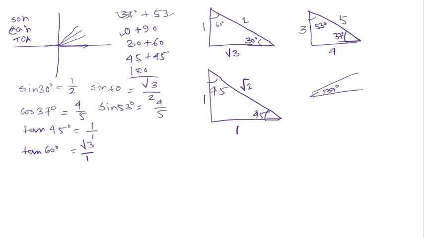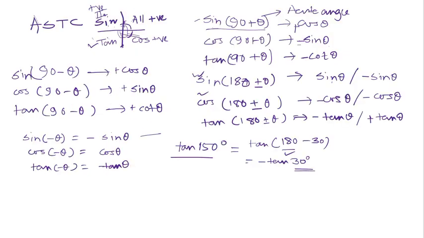Next, with the example I have given here, tan minus 30, what is tan 30 degree? Just draw the 30, 60 triangle. This is 30, this is 60, so the side opposite 30 is 1, opposite 60 is root 3, and the hypotenuse is 2. So tan 30 is nothing but root 3 by 1, so minus root 3.